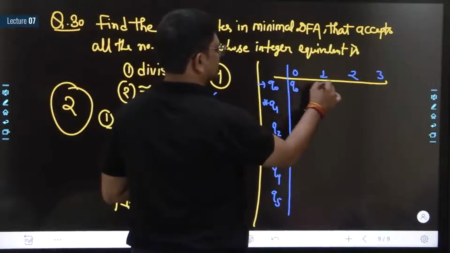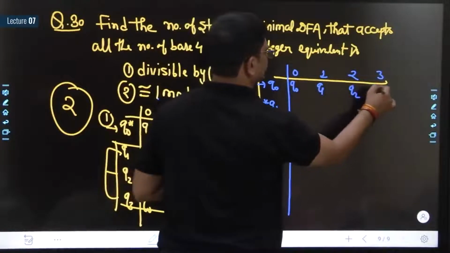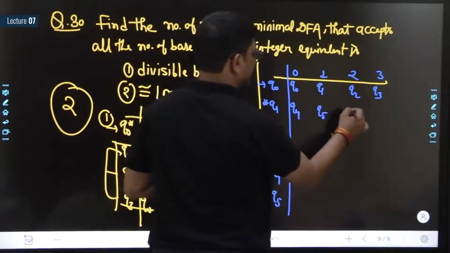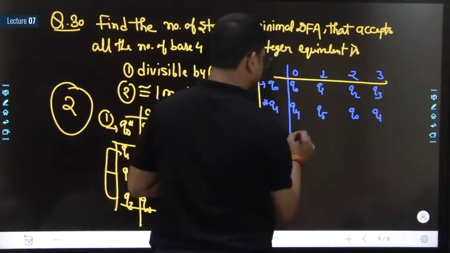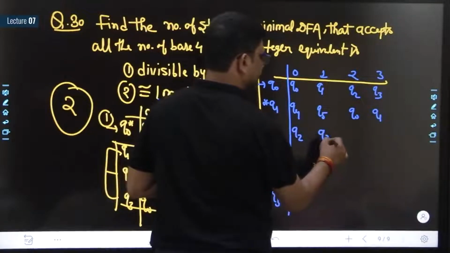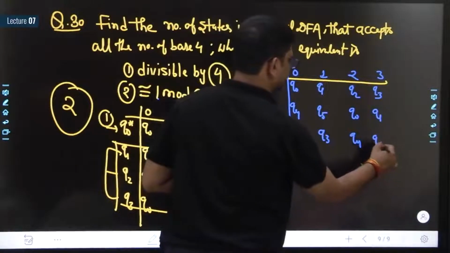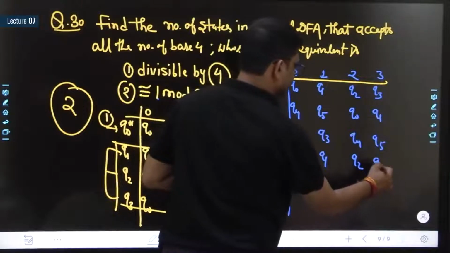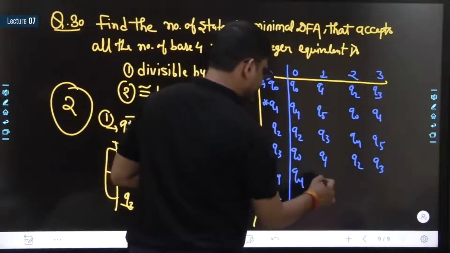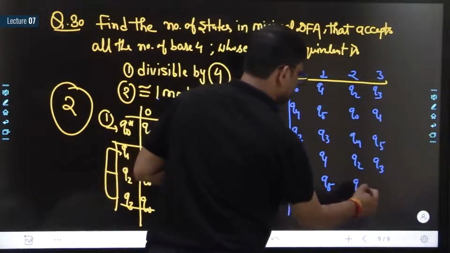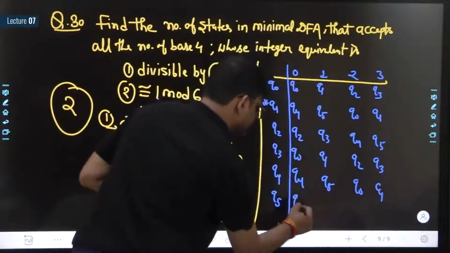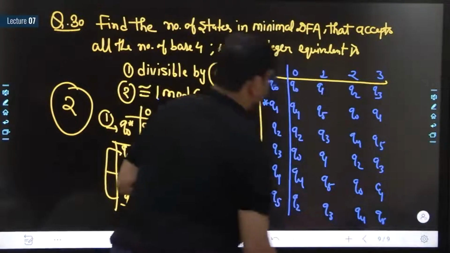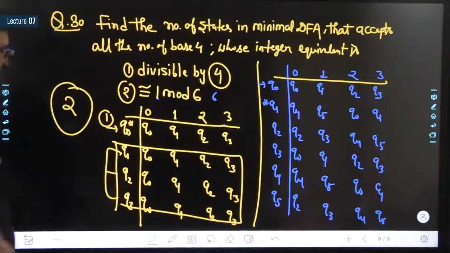Write down the states Q0, Q1, Q2, Q3, Q4, Q5. Check. Can we merge any states?